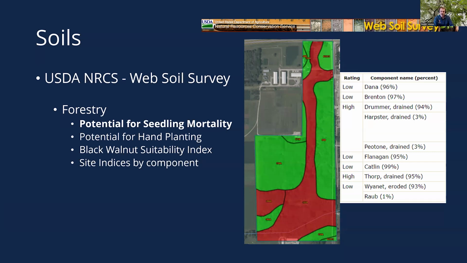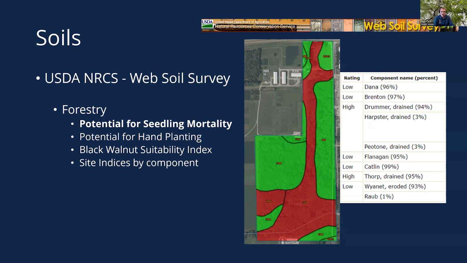They've got different categories, including potential for seedling mortality. So if you put seedlings out on the site, how likely is it that they're going to die, maybe because the soil has very wet properties, or it's too dry, or it just isn't a good match for these specific species.